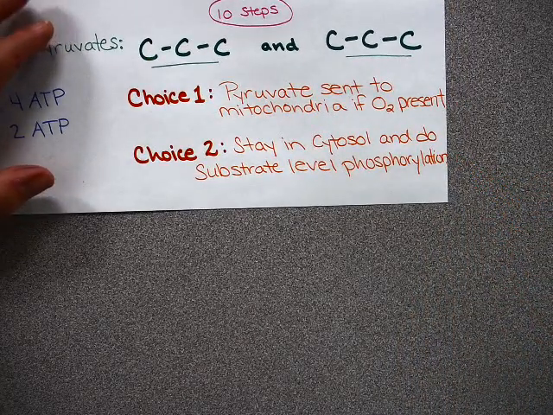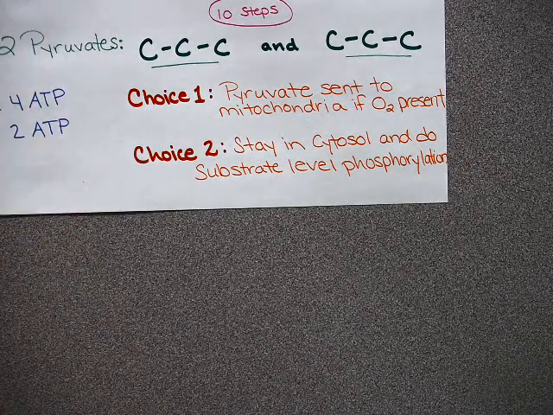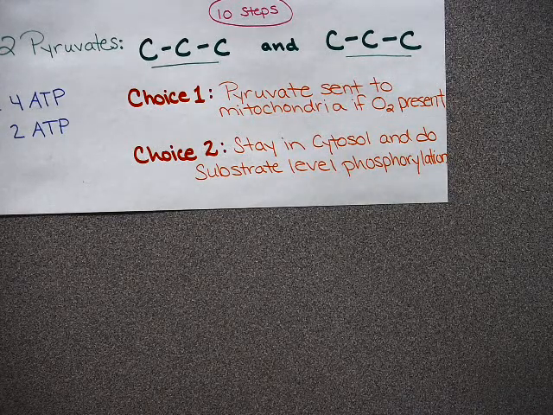Substrate level phosphorylation, meaning we're going to use our pyruvates to generate ATP right there in the cytosol. However, this is a little bit different process than what I'm talking about on the board over there, where we use oxygen and we use the inner mitochondria.